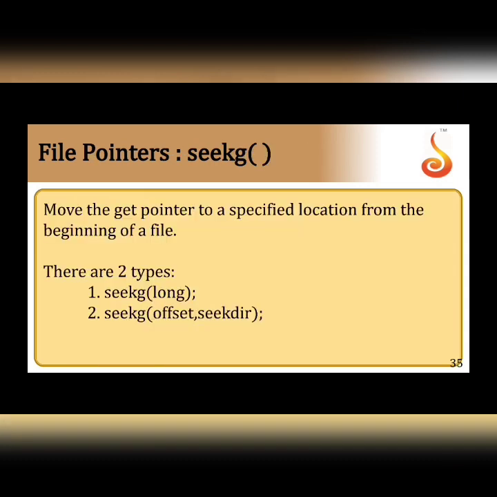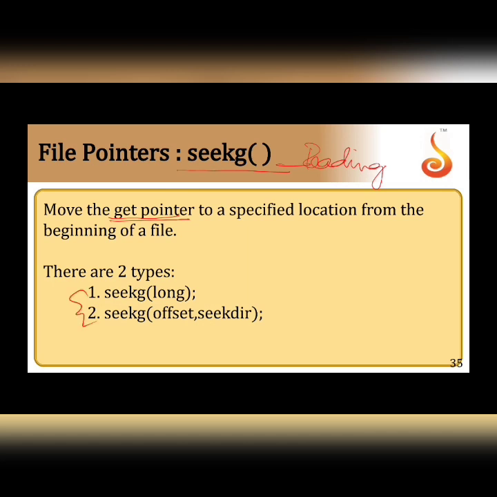So the next is file pointers seekg. What is it used for? It is used for reading, correct? It moves the get pointer to a specified location. For a specified location, you have two syntaxes.